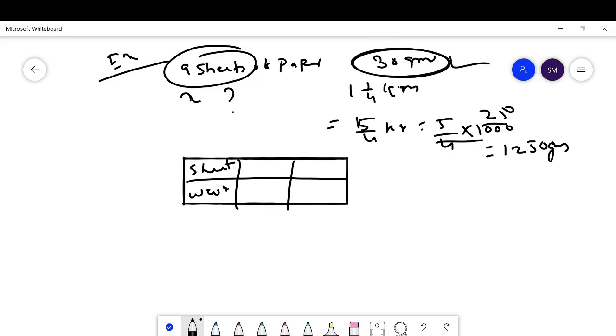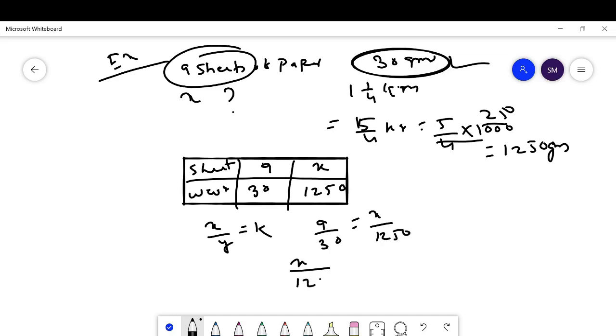Here when 9 sheets of paper weigh 30 grams, then x number of sheets of paper weigh 1250 grams. Then use the direct variation formula where x upon y is k, a constant. Here 9 upon 30 is equal to x upon 1250.